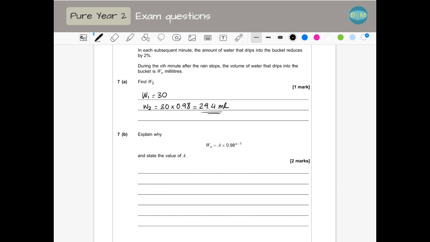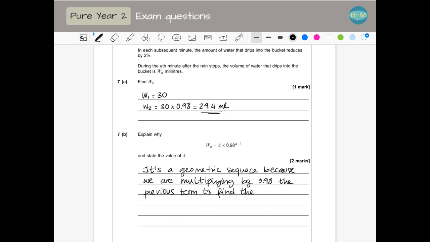So we have to say that this is a geometric sequence because we are multiplying the previous term by 0.98 to find the next one, or you can write it as you want. So the common ratio is 0.98.